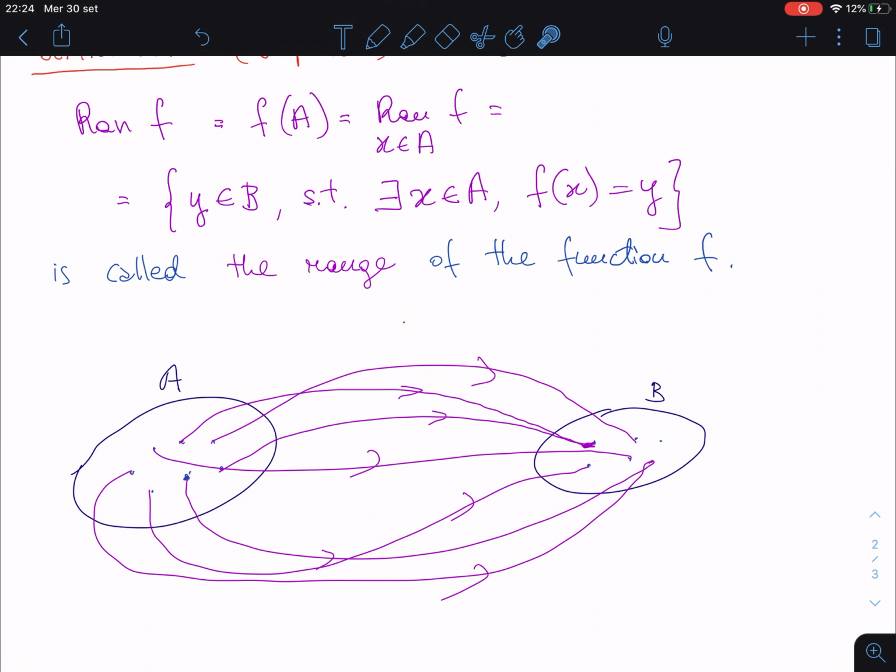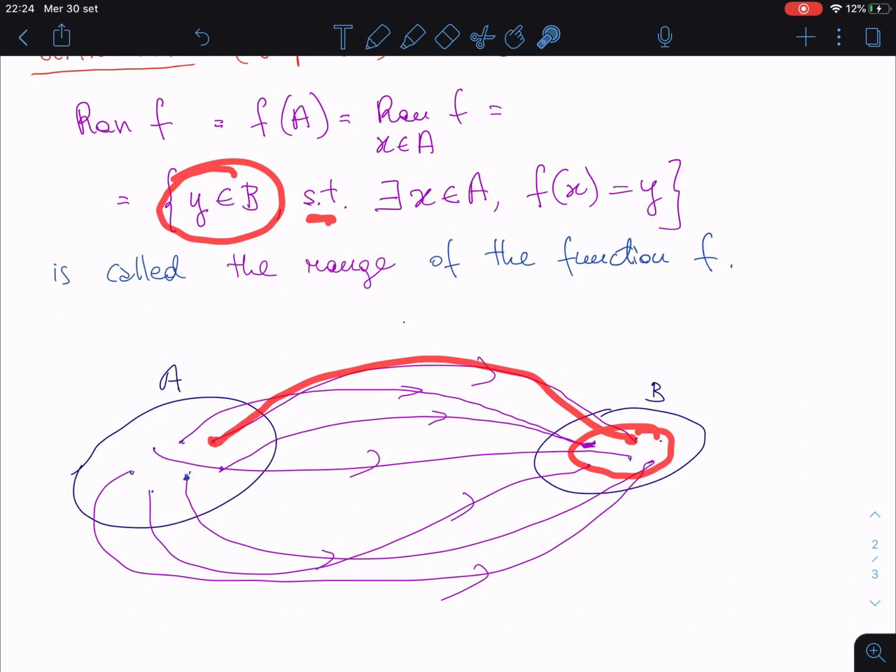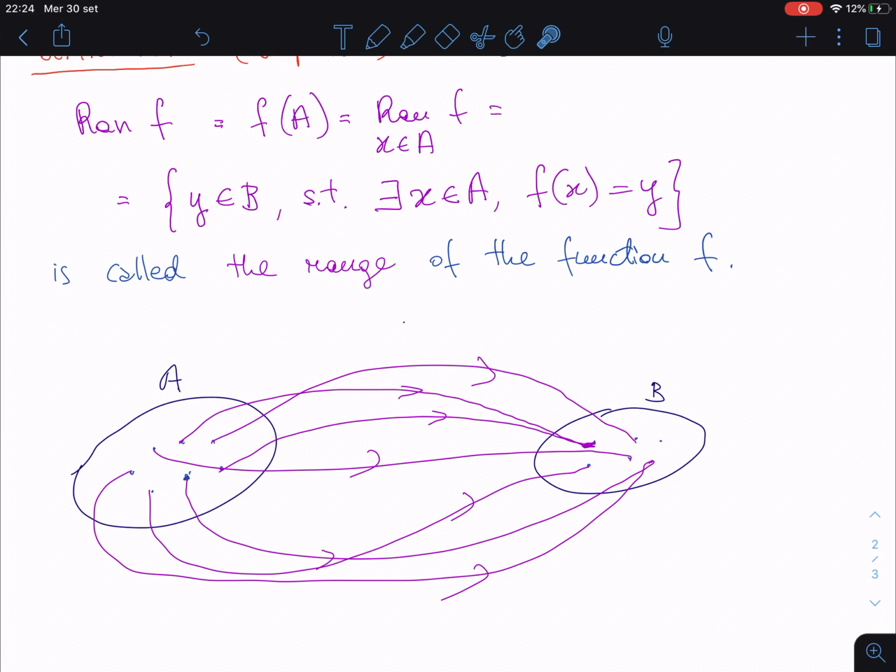There is one point which is outside the reach of the map. Okay? So, what is the range? The range is the set of all the elements of B, so all the dots, such that there exists an X in A that is mapped into Y. So this guy here has no element of A mapped into itself.